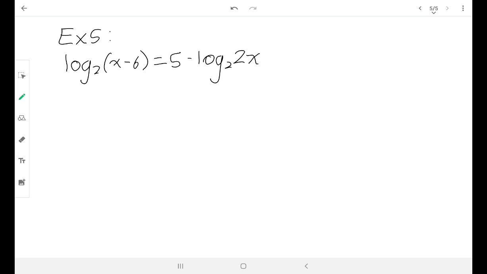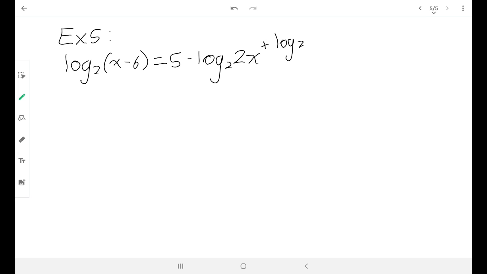One last example that we can go through here. Let's solve log base 2 of the quantity x minus 6 equals 5 minus log base 2 of 2x. And let's try and come up with something for that. Let's get all the logs on the same side.